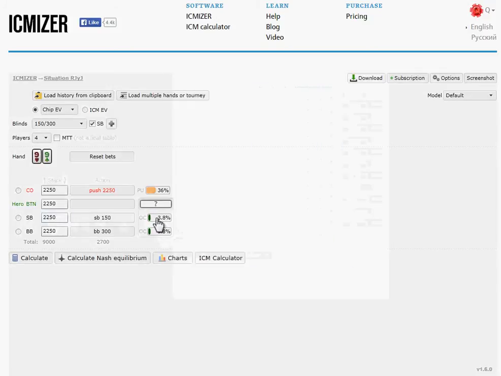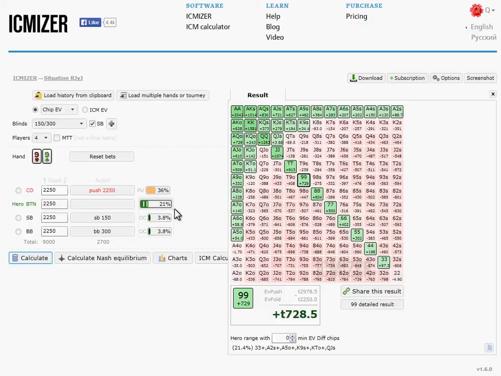And if he is not dealt an overcalling range, there is a chance that the big blind will be dealt a range and he will overcall. Note that these three ranges, the cutoff push range, the small blind overcall range, and the big blind overcall range, are the only ranges which we need to assign here. Once we have them assigned, we can hit the calculate button and we can find out the hero range, which is 21% in this case, when those ranges represent the strategy for our opponents.